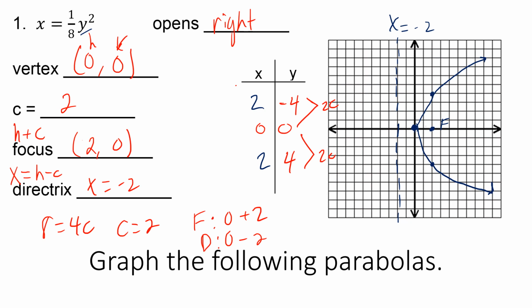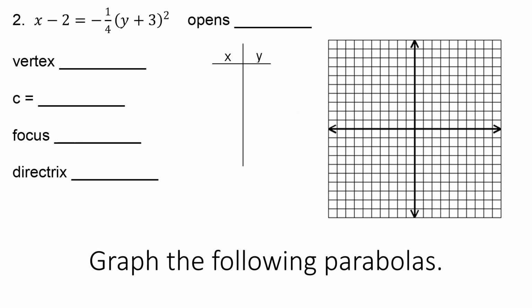All right. Let's look at another. So here we have x minus 2 equals -1/4 times y plus 3 squared. We're going to look at our leading coefficient here, and our coefficient is negative.